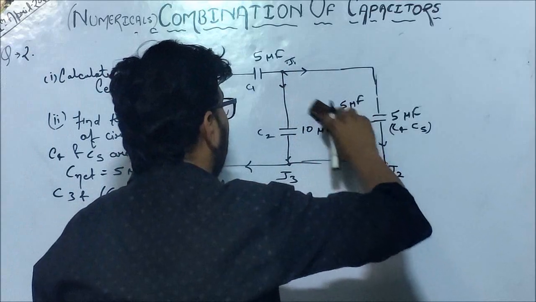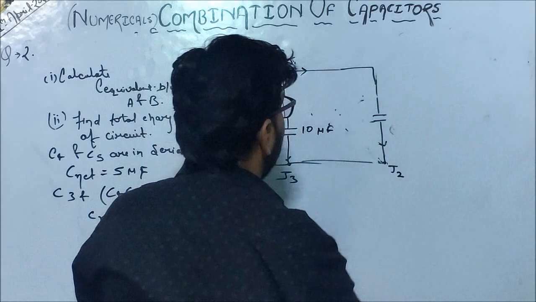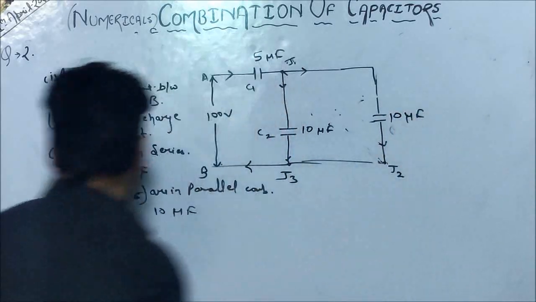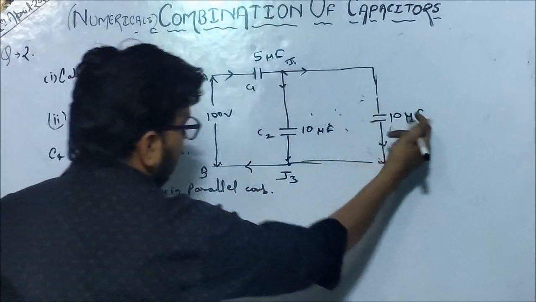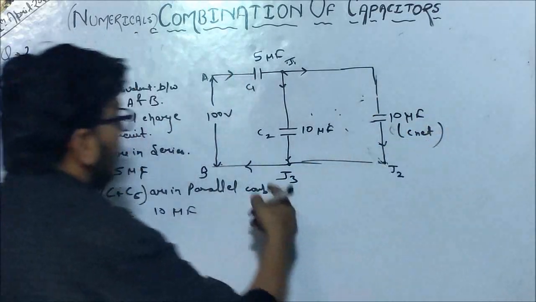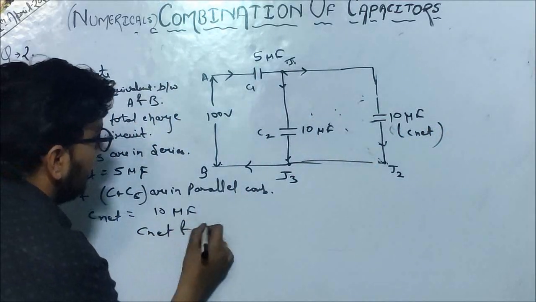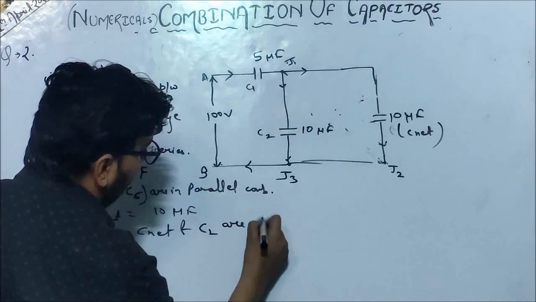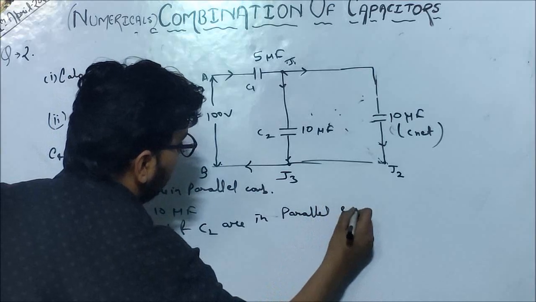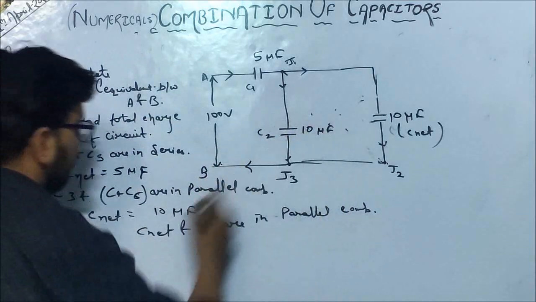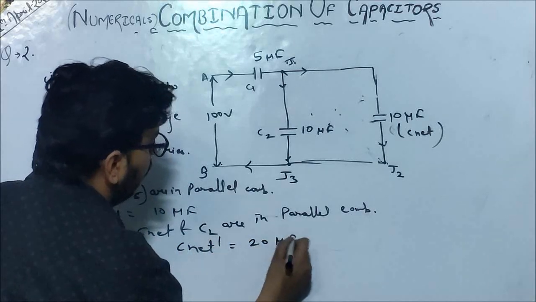So we are left with these capacitors only, and the net capacitance of this is 10 microfarad. Now C2 and this C net are in parallel combination. So C net and C2 are again in parallel combination. So the net capacitance, C net dash, will be equal to 20 microfarad.